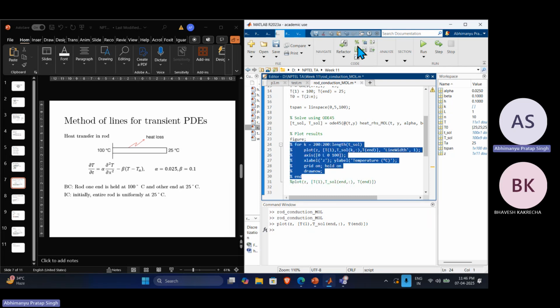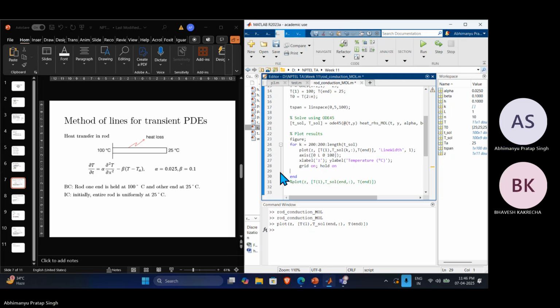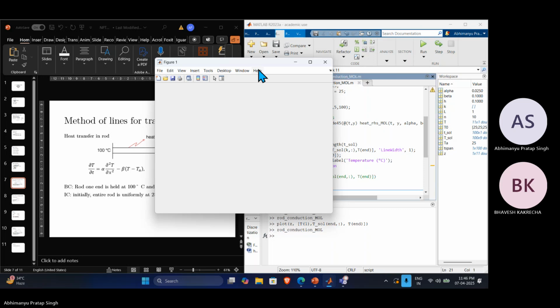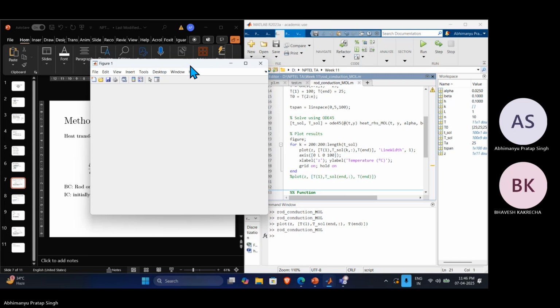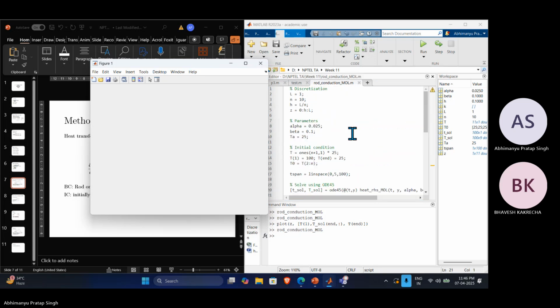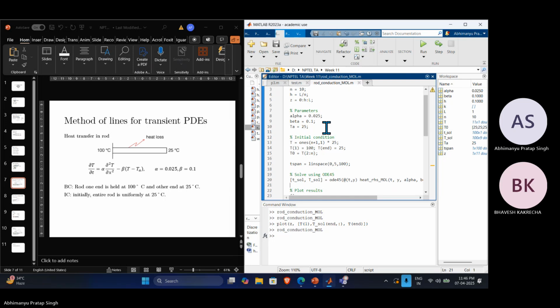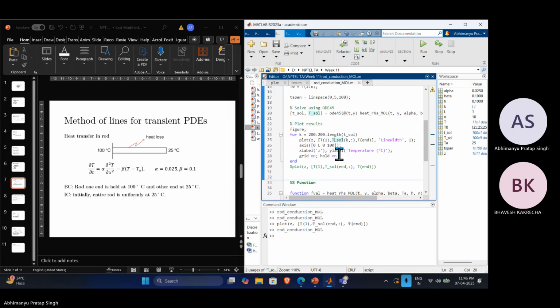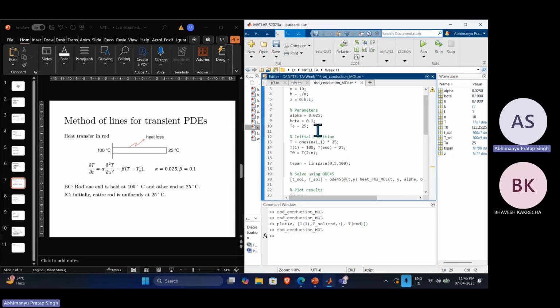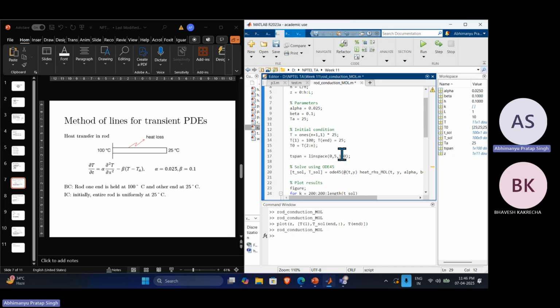Then it should run. So the issue is that we don't have enough nodes.